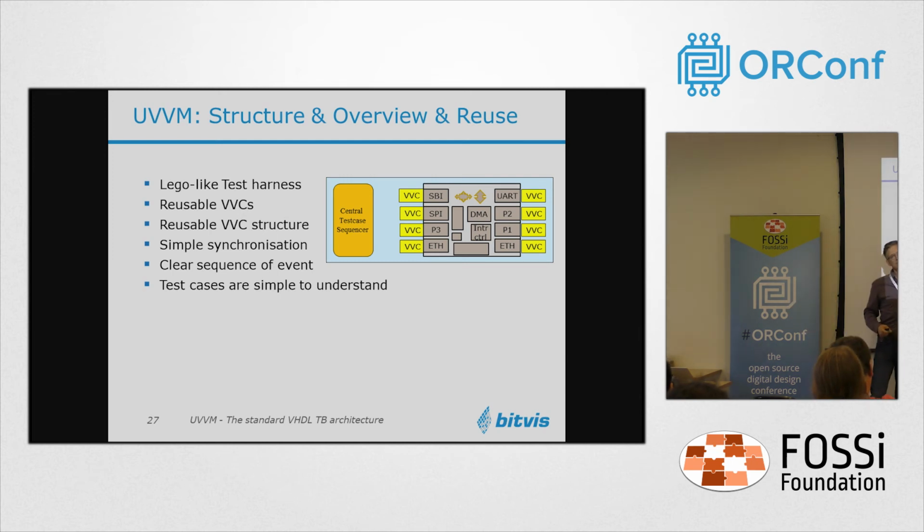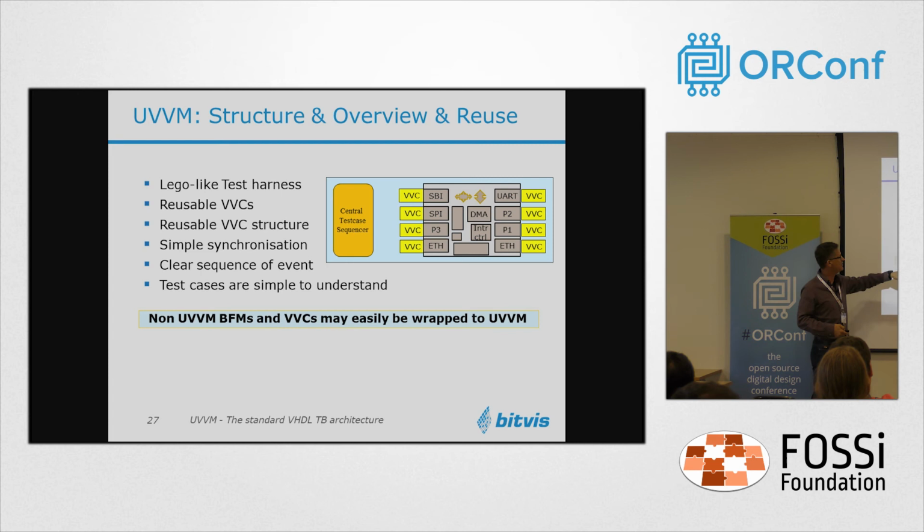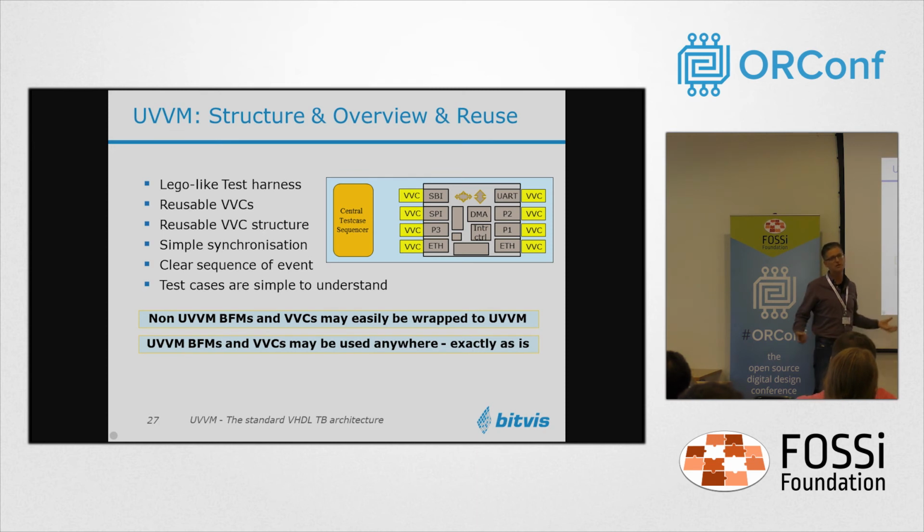Everything is controlled from one single sequencer, if you want that. Of course, as I said, you can also have multiple sequencers. They're easy to understand. If you have some legacy cores, you can easily wrap them to UVVM if you want to, or you can just use them with this system as you like.